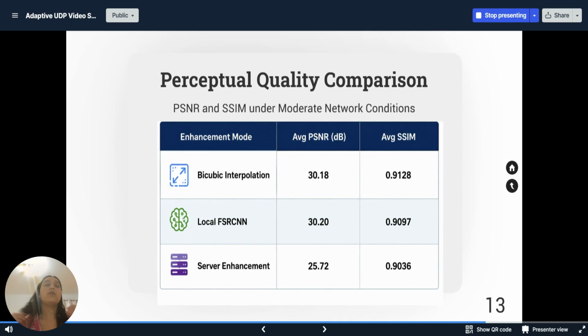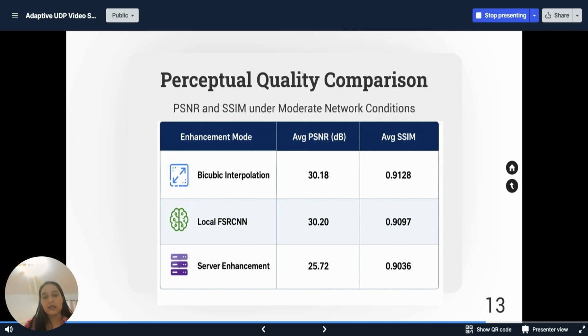To analyze our quality of experience, just like we said, we utilized PSNR, peak signal to noise ratio, and the structural similarity index measure, under moderate network conditions, which is like the changing conditions. To give better context, the higher the PSNR, the better quality your image is, and the closer the SSIM is to 1, the closer your similarity to the actual image.